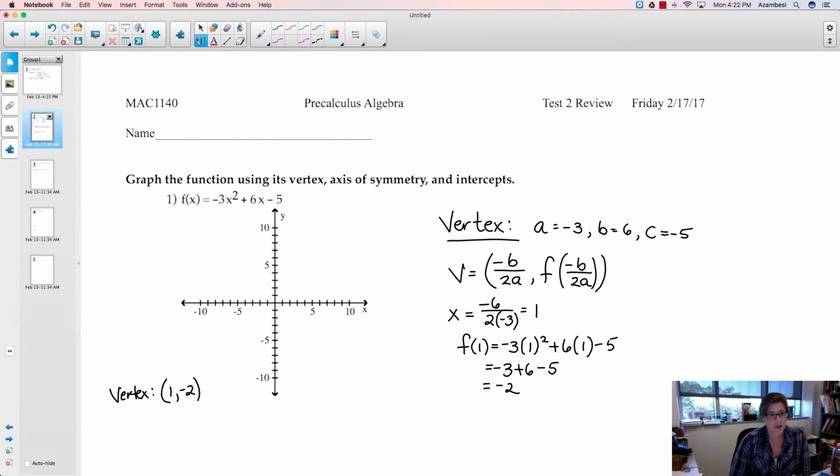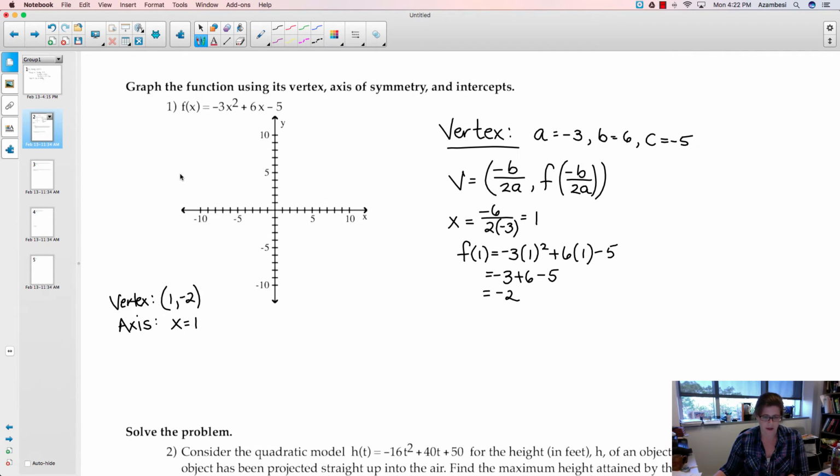Automatically, once I have my vertex, I have my axis of symmetry. So my axis is the line x is equal to 1 here. We'll go into the intercepts after we graph this, using completing the square in order to put it into standard form.